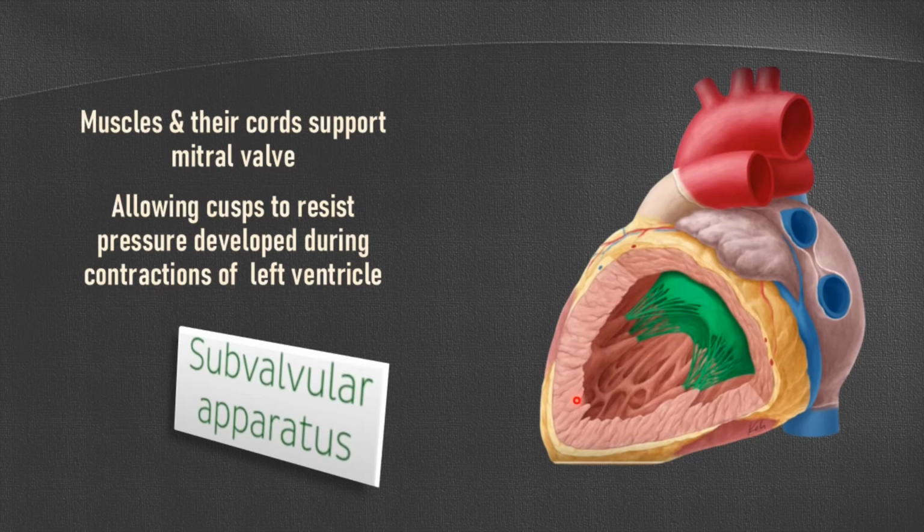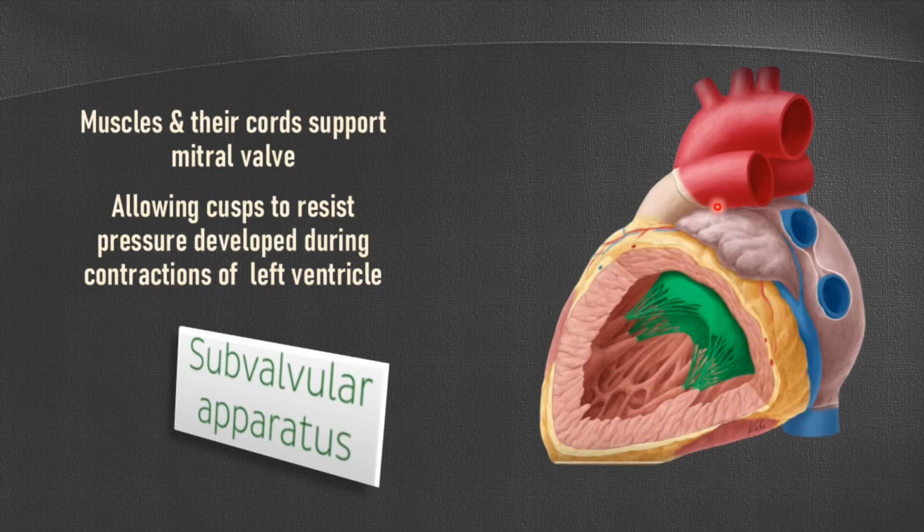So it cannot regurgitate back, or the valve cannot go back inside the left atrium, because due to pressure, as this muscle will forcefully contract, it can go back. So inversion of the valve within the left atrium, the blood can go back. So they are held by these. Upon contraction of these, they keep the valves shut.